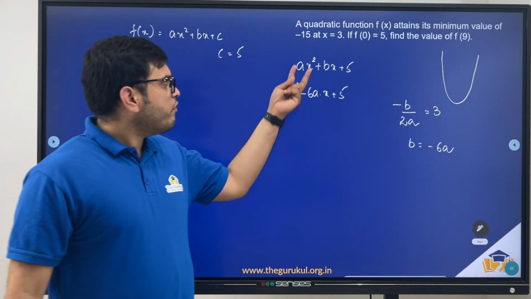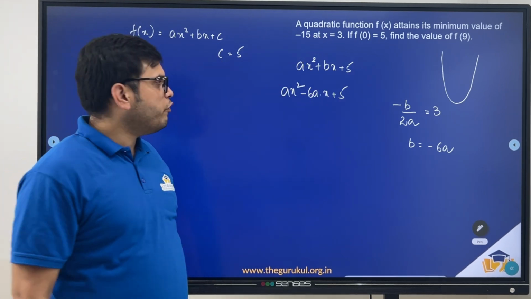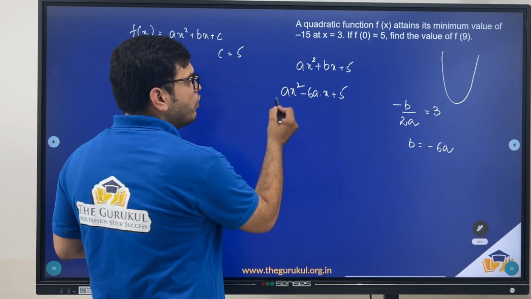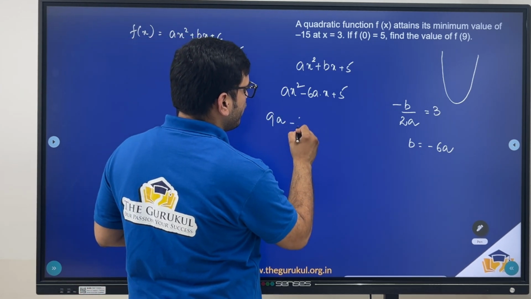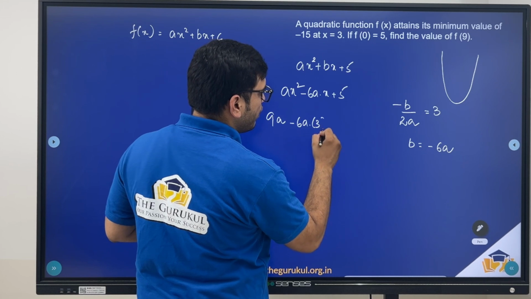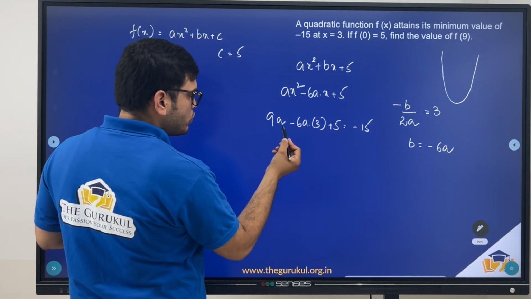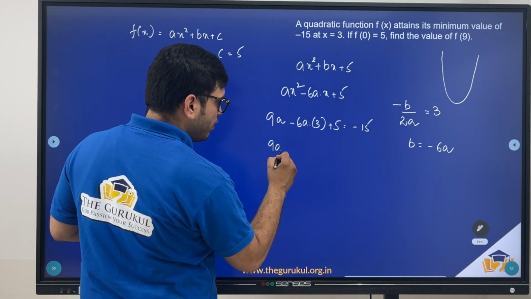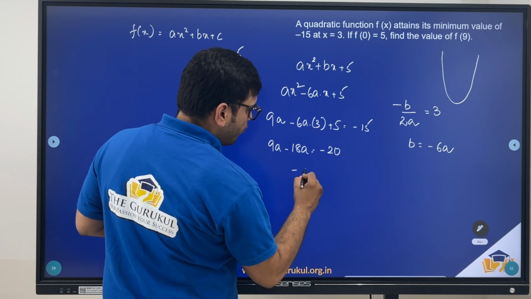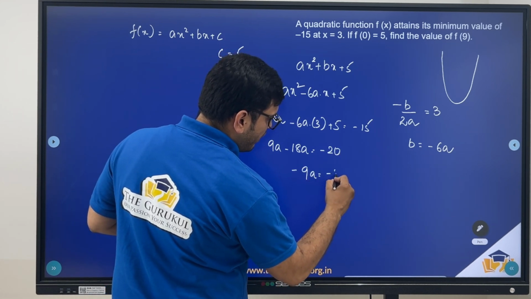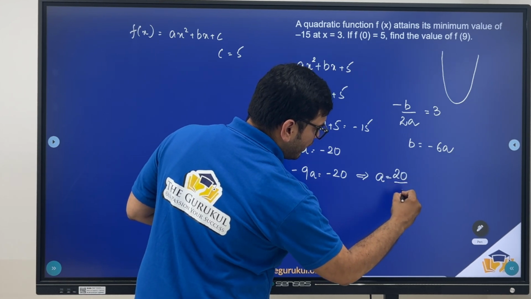And when you replace x with 3, this attains the minimum value, which is given to be minus 15. Now let me replace x with 3. So this will be 9a, right, minus 6a into 3 plus 5. Now this should be minus 15, right? So 9a minus 18a is equal to minus 20, minus 9a is equal to minus 20, or this implies a is equal to 20 by 9.